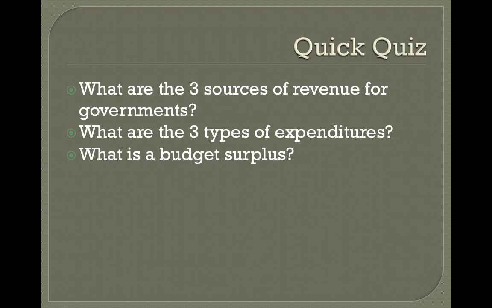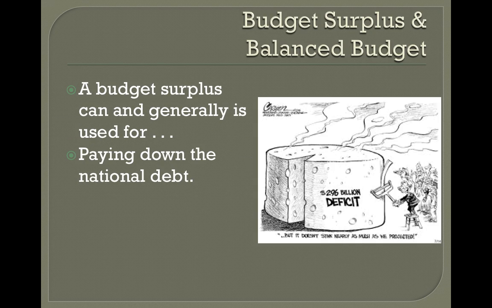Okay, one last question. What is a budget surplus? When something is greater than something. Okay, and it is when government revenue is greater than government spending. We have a budget surplus.